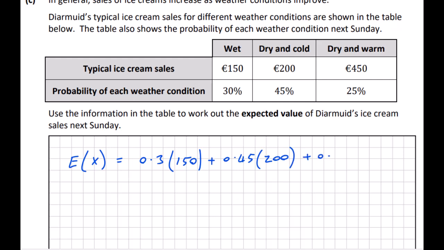Plus 0.25, the probability, multiplied by the typical ice cream sales for a dry and warm day, which is €450. Again, that's all just calculator work, and it works out as €247.50.